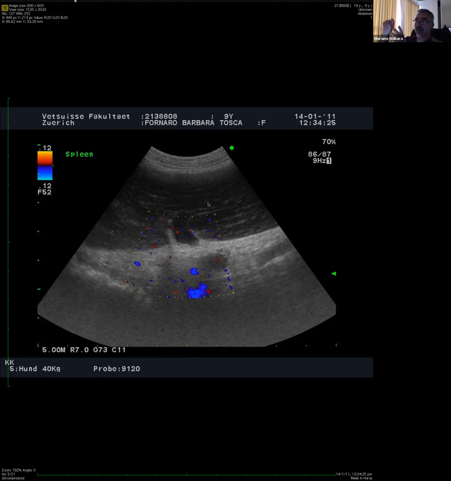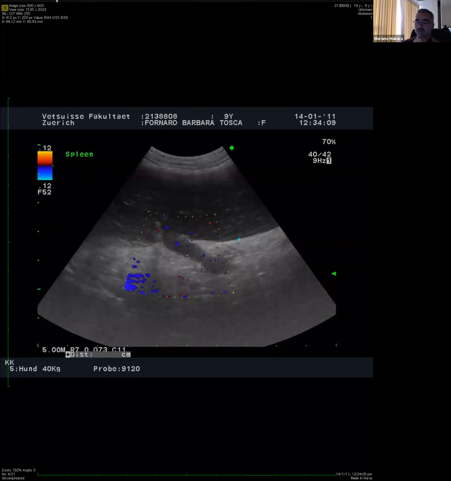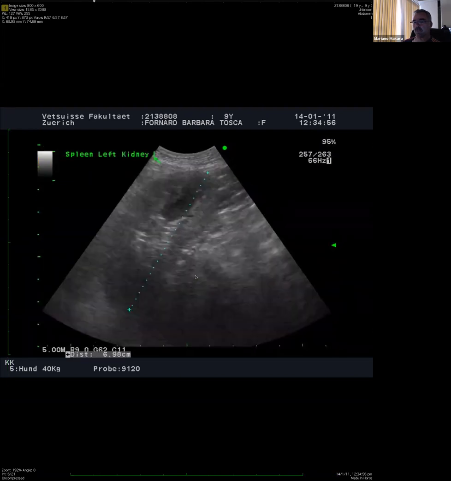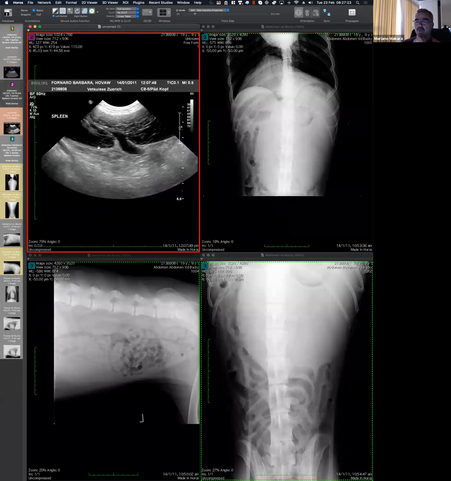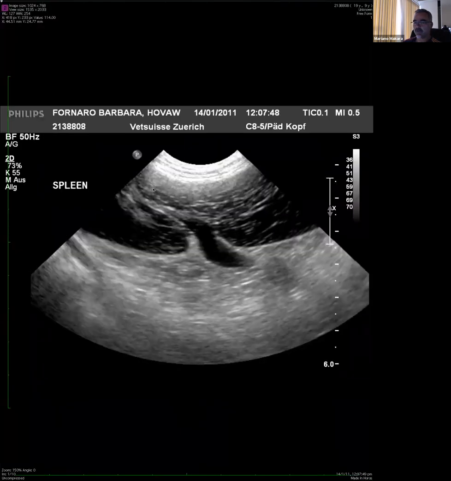Yes. So then the next thing is that if you put Doppler on the veins, there is no flow. If you put all of these features together, and then let me show you the other one, where I'm not sure I put flow, but basically the spleen looks very hypoechoic.